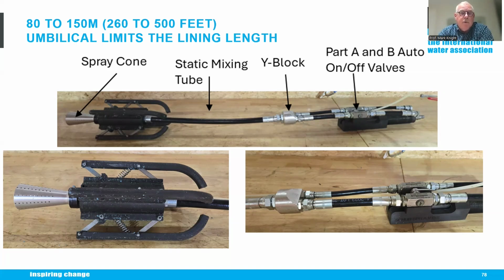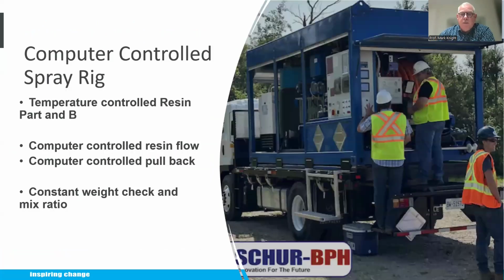And then they get thrown off as droplets onto that pipe wall. And the rig pulls back at a controlled rate. We constantly measure part A and part B flow to make sure that they're on ratio throughout the lining process, and I'll talk a little bit more about that as well. So a very simple process itself.